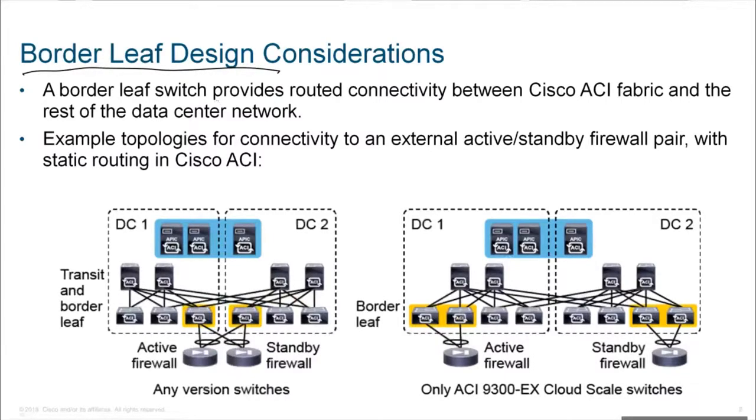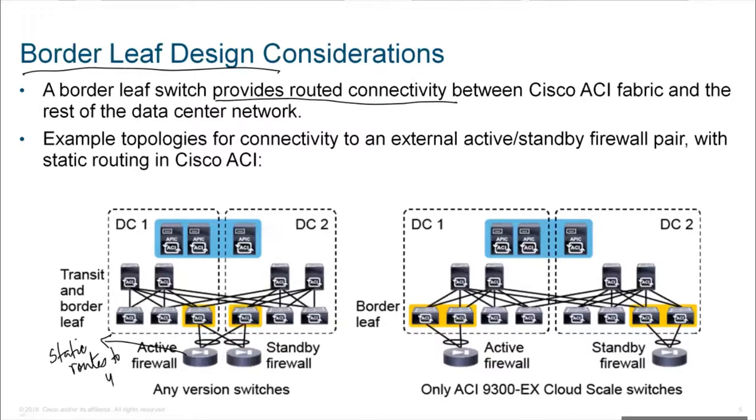Border leaf is any switch that you select with a layer 3 connectivity between the fabric and any peering router. You also have to consider these issues. You can see how I have a firewall, and it's very likely that you may have static routes to your firewall.